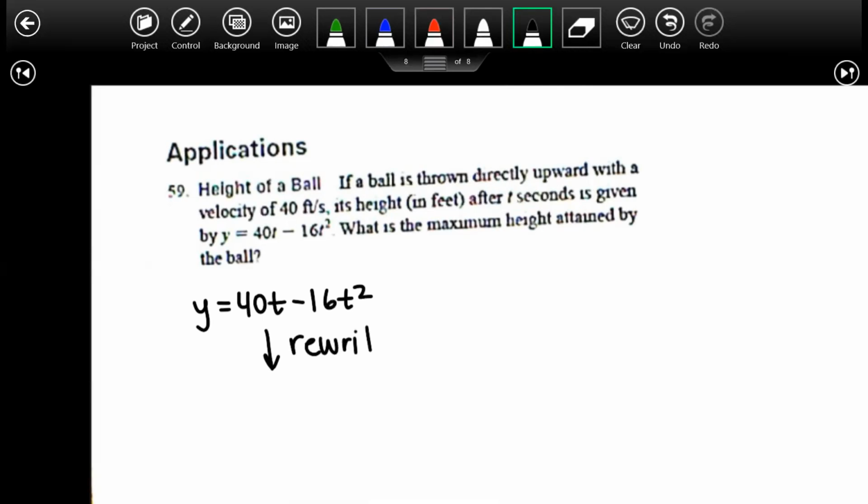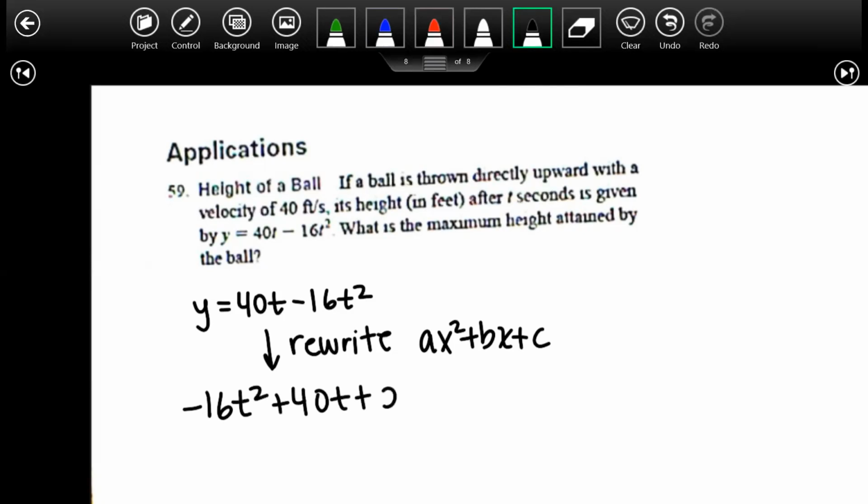We're basically rewriting it, putting the polynomial in descending order. If I rewrote this, this would give me negative 16t squared plus 40t plus 0.